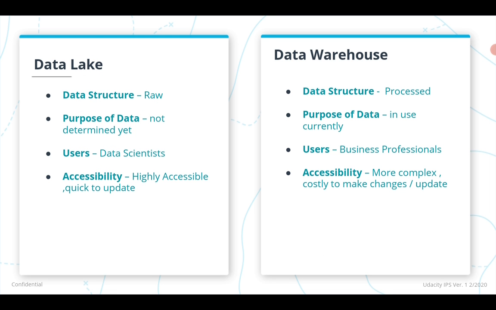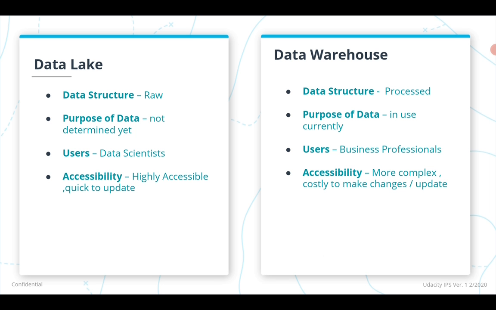Now coming on to the difference between a data lake and a data warehouse. If we broadly classify in terms of the data architecture or the data structure, a data lake consists of raw data, whereas a data warehouse consists of processed data.